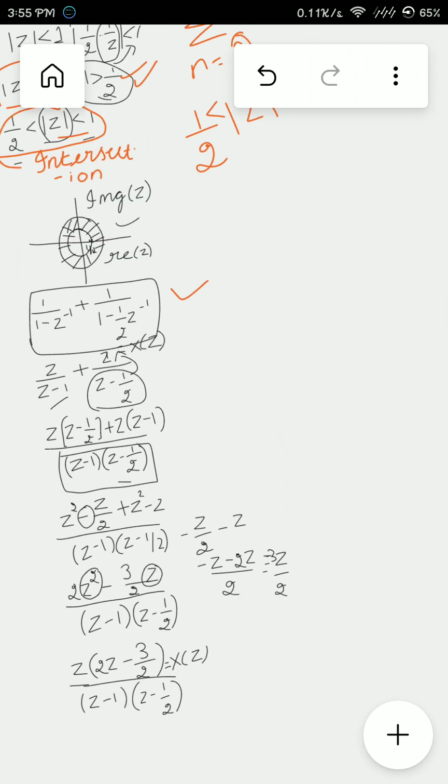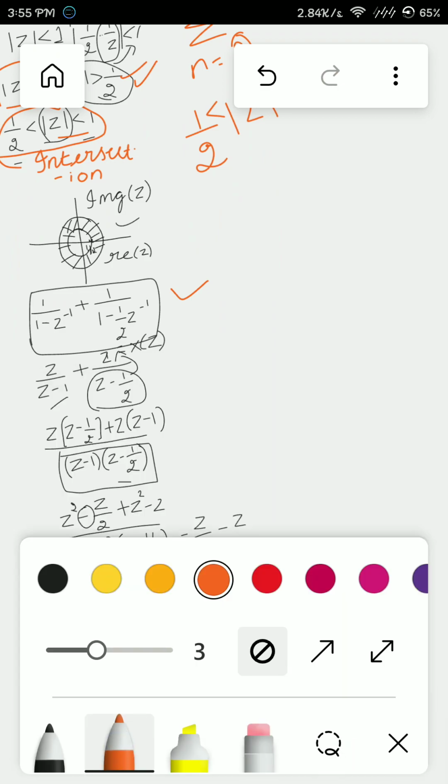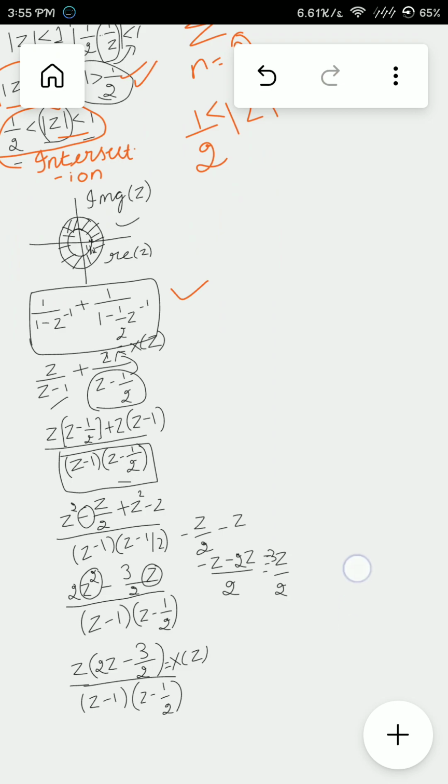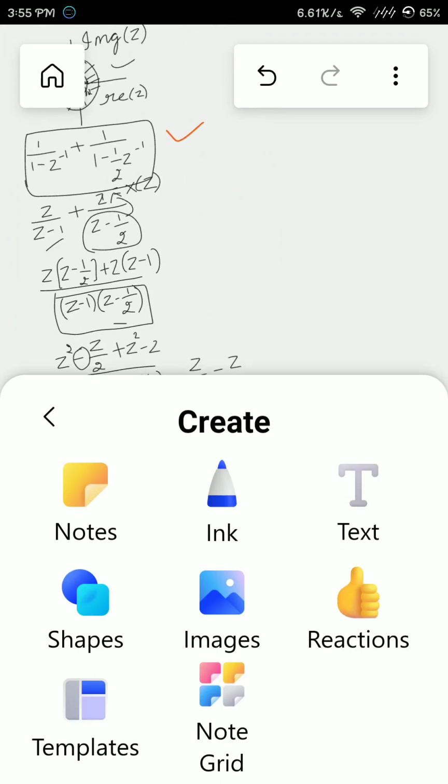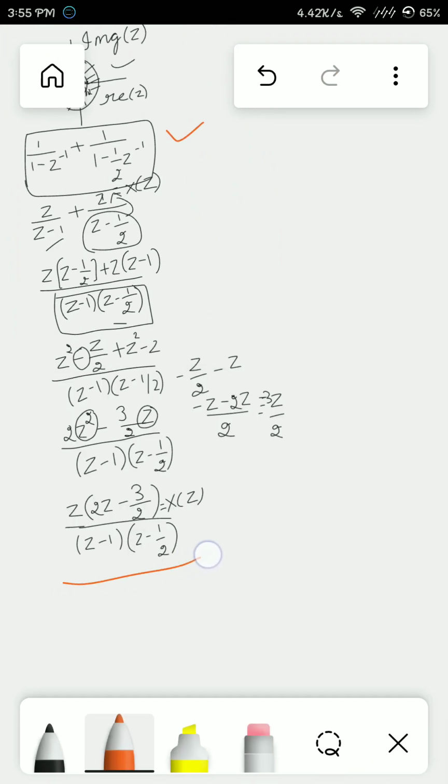If you simplify this, you get the resultant as z minus z into 2z minus 3/2, divided by z minus 1 into z minus 1/2. This is what we got for this particular problem.